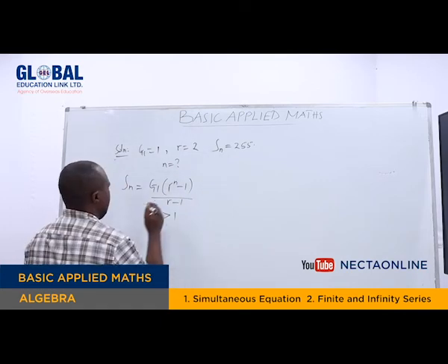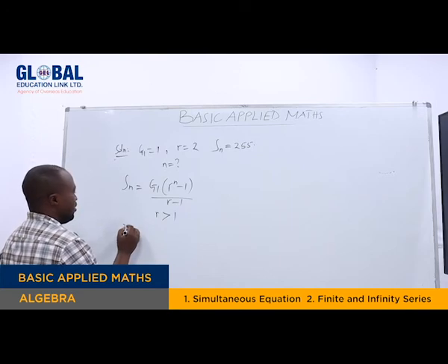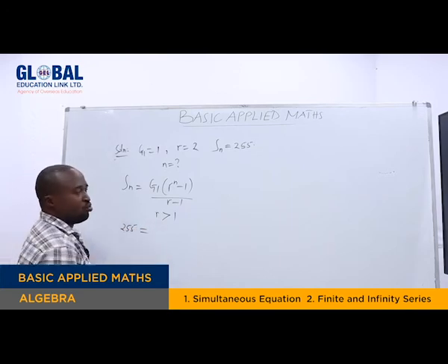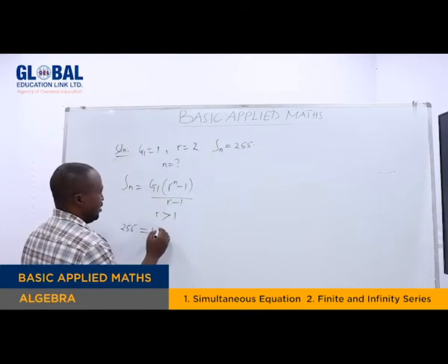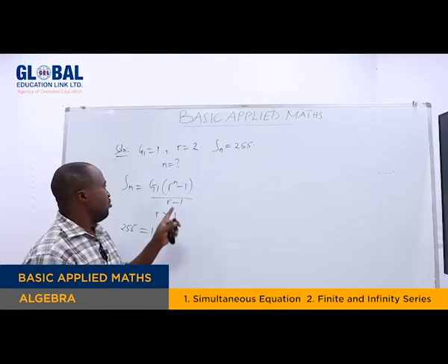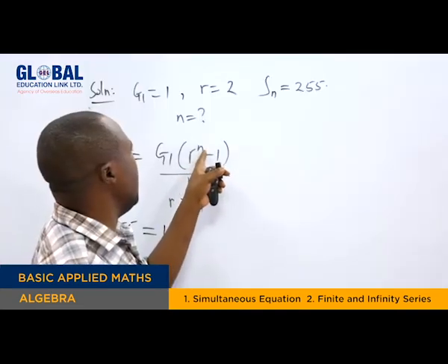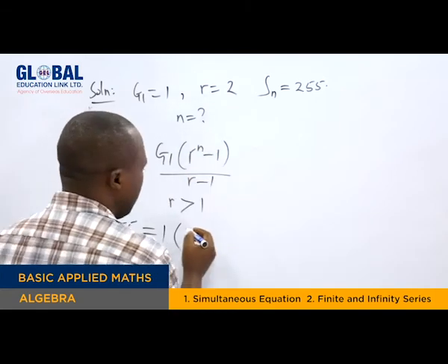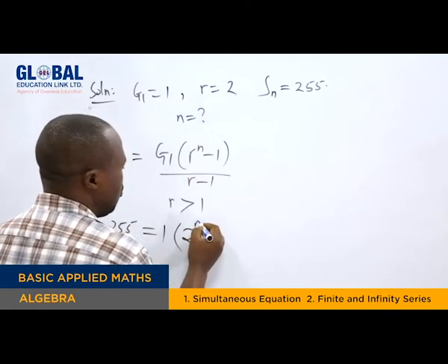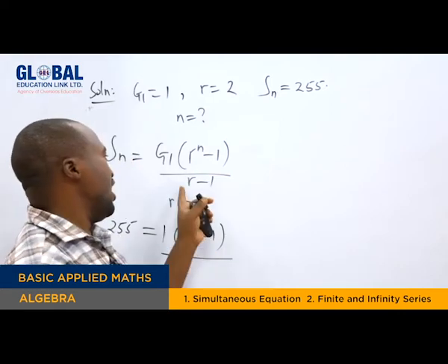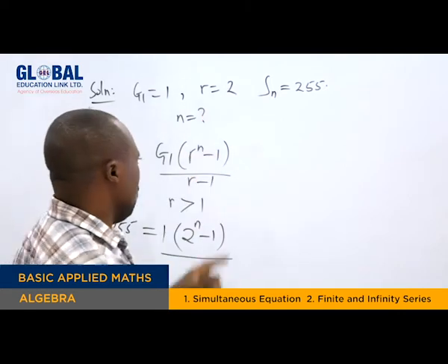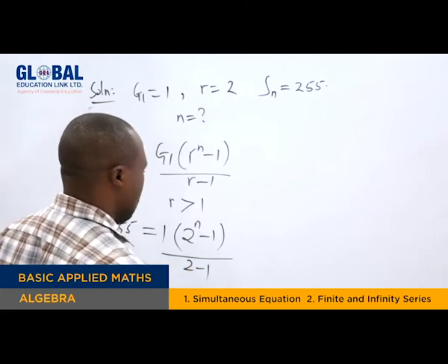S_N is 255, which is equal to G1, which is 1, times bracket of R^N, R is 2, so it is 2^N minus 1, over R minus 1, that is 2 minus 1.